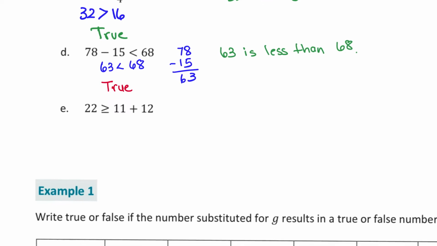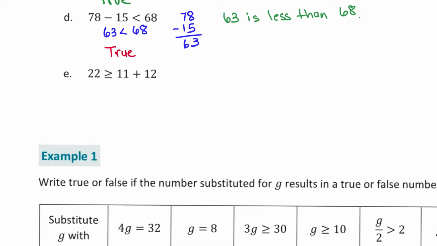Okay, we're going to do the last one. And the last one is 22 is greater than or equal to 11 plus 12. So let's go ahead and simplify this side. 11 plus 12 gives us 23. So is it true that 22 is greater than or equal to 23?